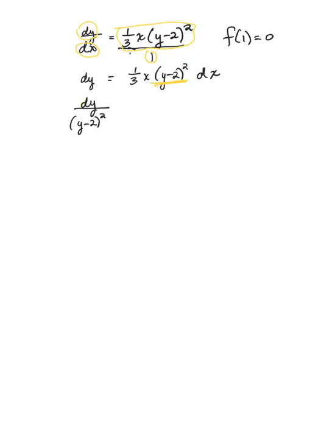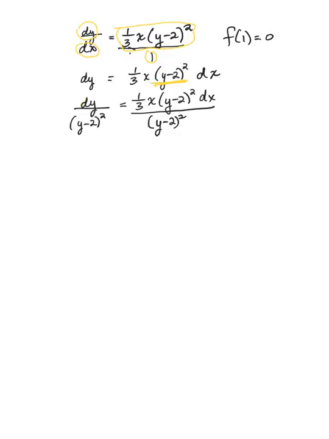We never divide by dy and we never divide by the dx. Only the expressions with x and y's by themselves. So I'm going to divide this by y minus 2 squared.